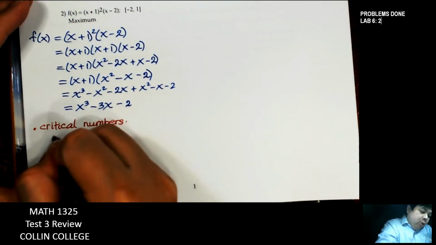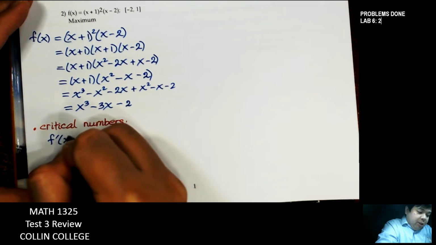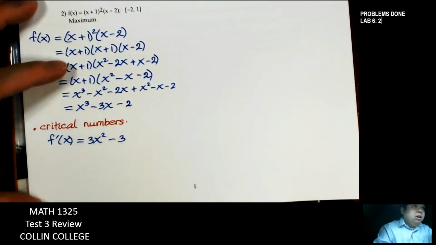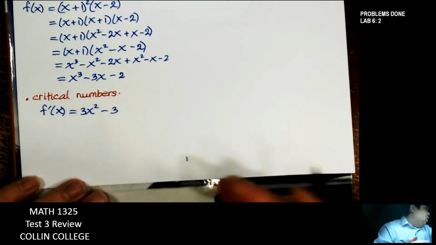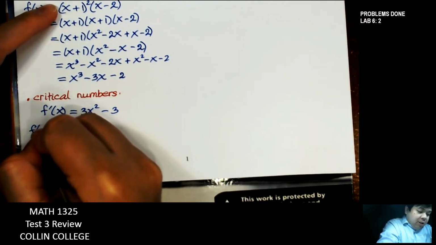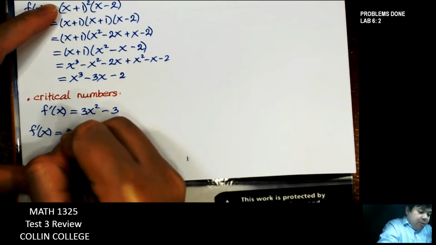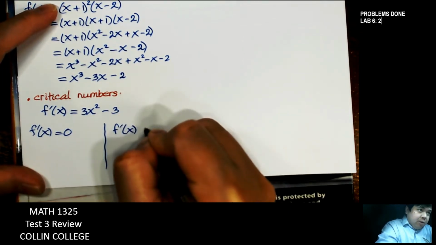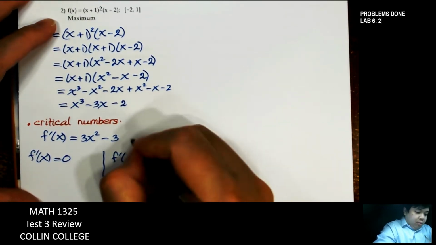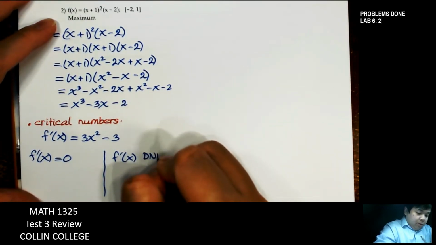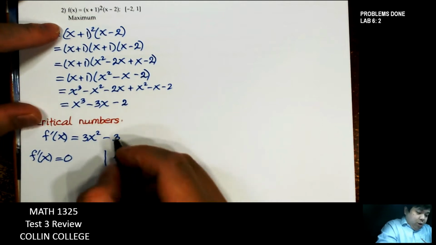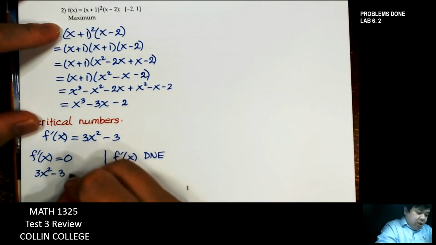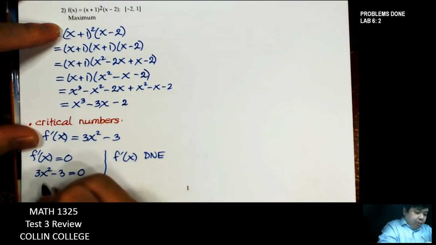So we'll take the derivative: 3x squared minus 3, and then set it equal to 0, and where it does not exist. The derivative is 3x squared minus 3, equal to 0.